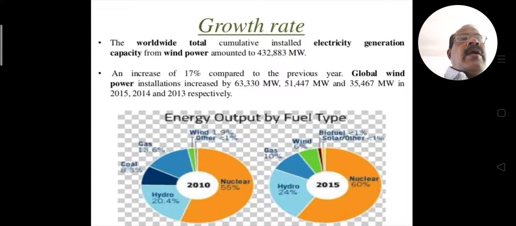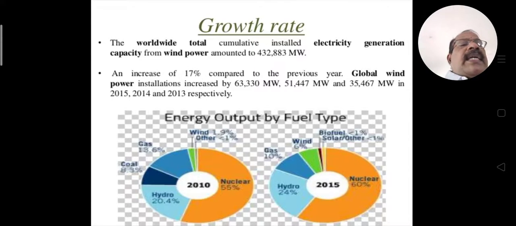Growth rate. Here two graphs are shown. In 2010 and 2015, worldwide electricity generation using wind power was roughly 4,32,883 megawatts, an increase of 17% of electric energy using wind power from 2010 to 2015.